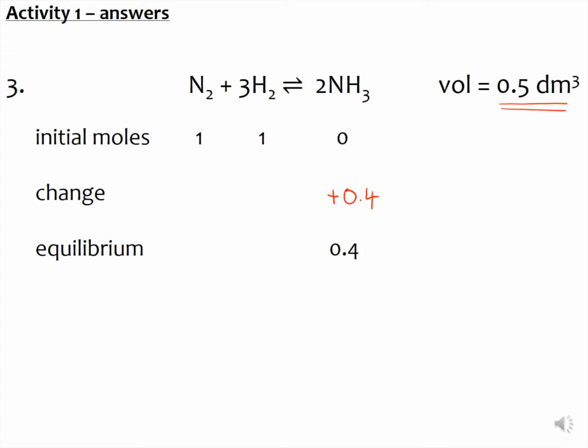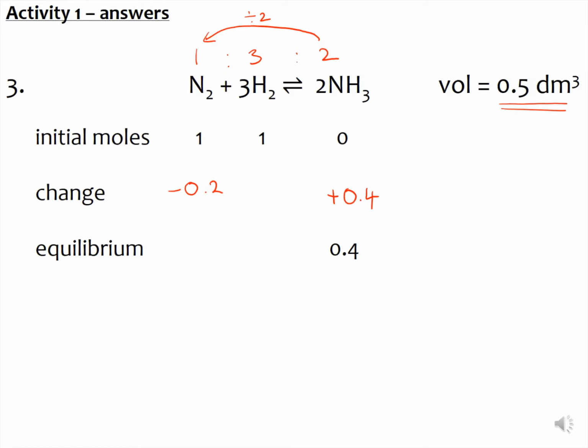Now we've got a ratio here of 1 to 3 to 2. So if 0.4 moles of NH3 has been formed, how much N2 must have been used? Well, that's a 2 to 1 ratio going in that direction, so we'd be dividing that by 2. So the N2 would have gone down by 0.2. 0.2 to 0.4 is the 1 to 2 ratio.